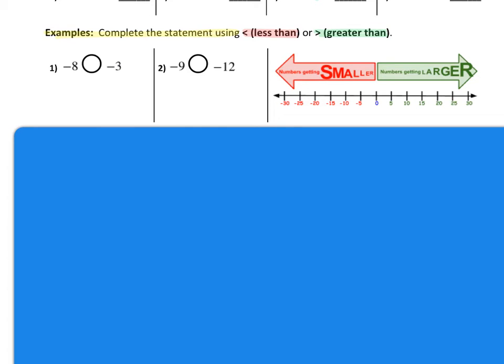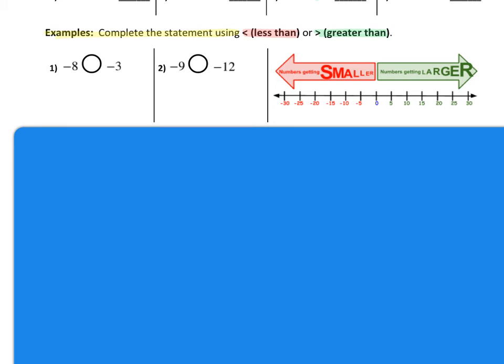And we're going to compare. If the number on the left is to the left of the number on the right, we'll say that it is less than. If the number on the left is further to the right than the number on the right, then we'll say that it's greater than.